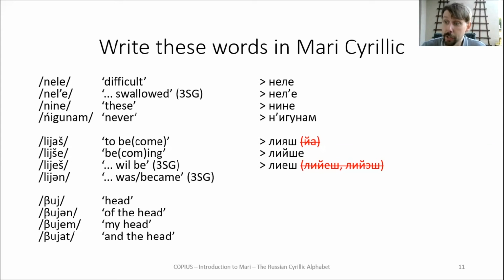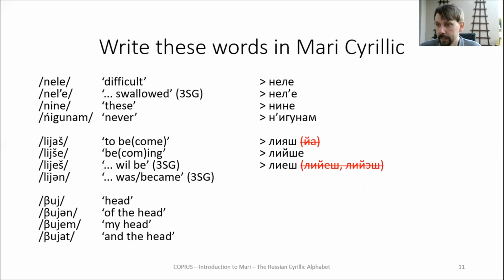But in the logic of the Mari orthography, if you're using the vowel sign ye after a vowel, after the e, you do not need to have this y as its own grapheme, because the vowel sign ye already carries this with it. But if we have the past tense form lien, what happens then?